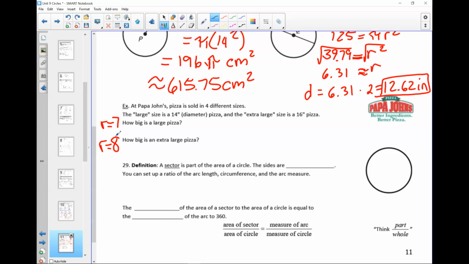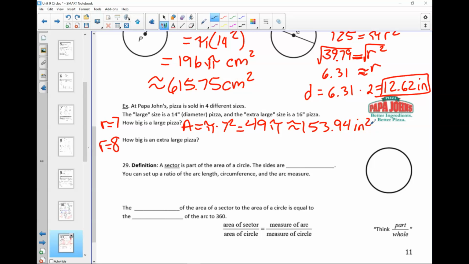Now there's not a lot of difference between 7 inches and 8 inches for the diameter of the pizza. But when you do area, A equals pi times 7 squared, you get 49 pi, which is approximately 153.94 square inches.